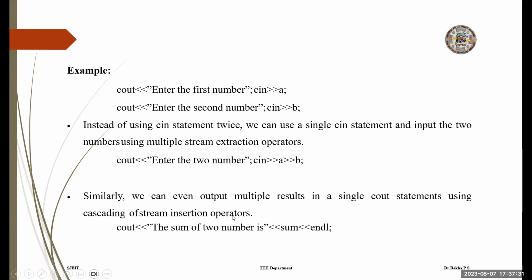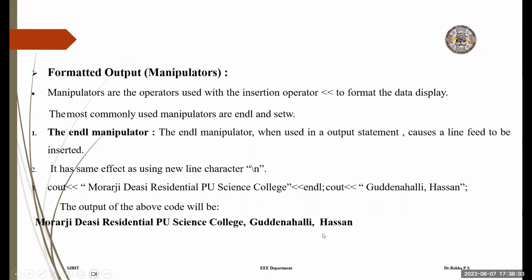First, it will print the sum of two numbers is, followed by that, the value of this will be printed, and the endl character. That is, it will end the line here and go to the next line. Endl is a manipulator. So you can see here, you have used the insertion operator in the same statement more than once. That is, it is cascaded.